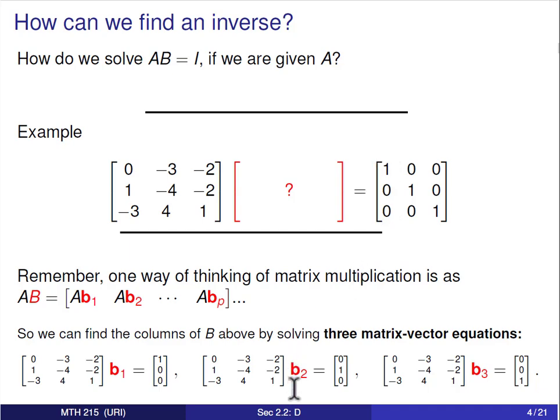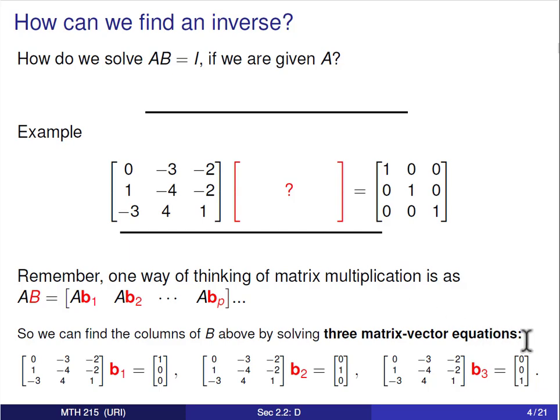And for the second column of B, I can use the second column of the right-hand side. And for the third column of B, I'll use the final column of the right-hand side. And then if I were able to solve these three matrix vector equations, I would be able to fill in the columns of that inverse of A.